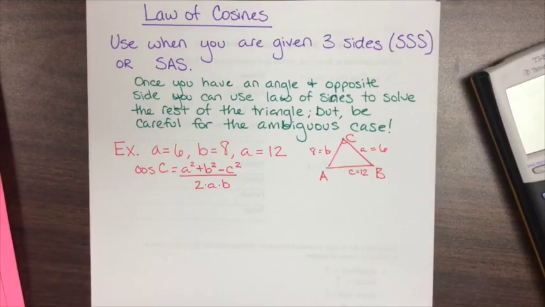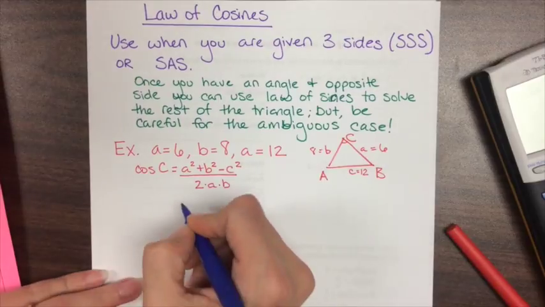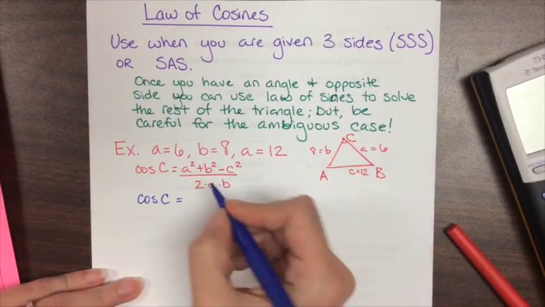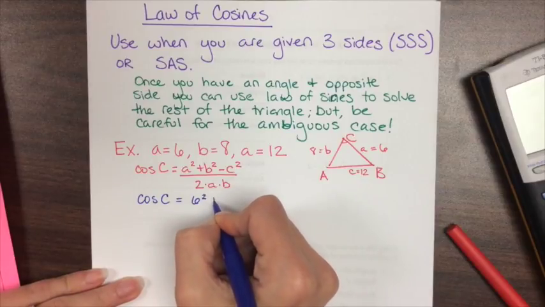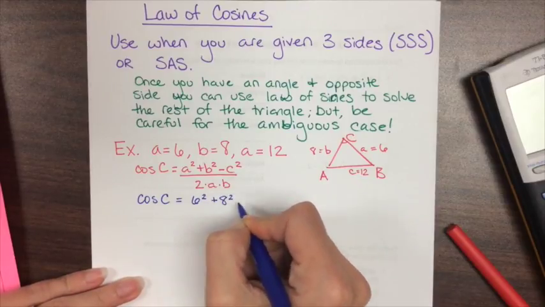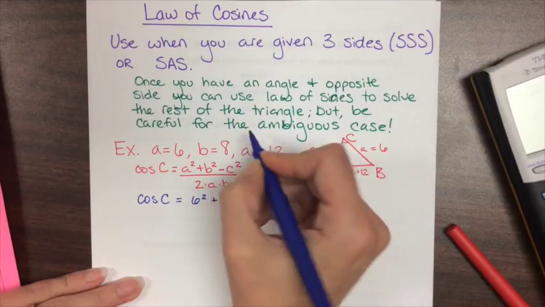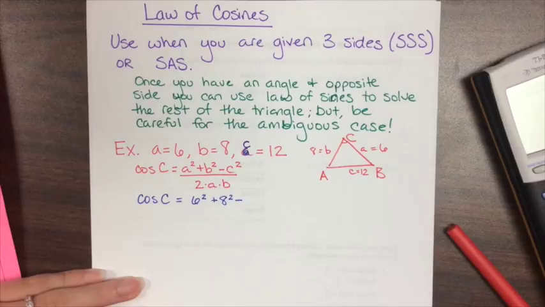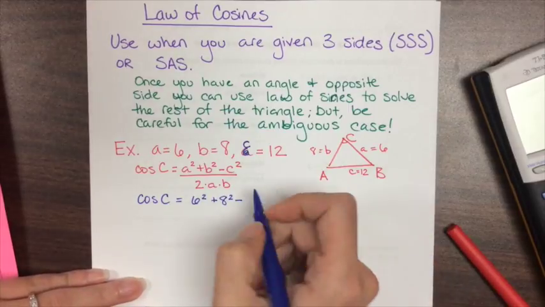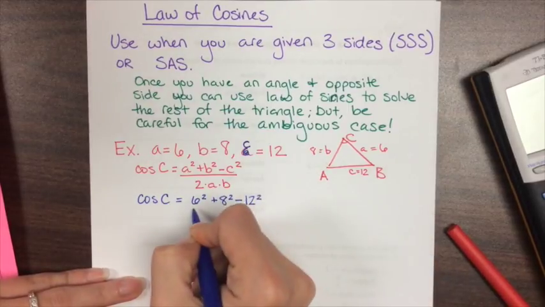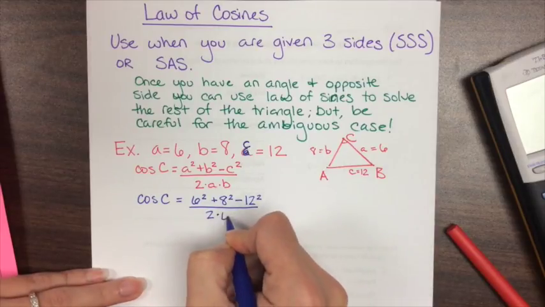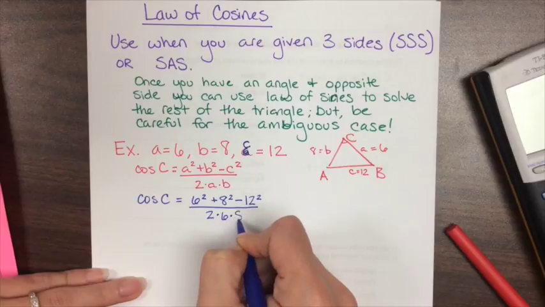Now let's plug in what we know. Cosine of C equals a squared, so 6 squared, plus b squared, or 8 squared, minus c squared. Sorry, I wrote this wrong. C equals 12, so minus 12 squared, over 2 times 6 times 8.